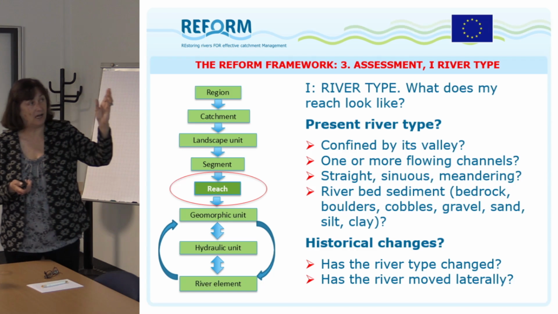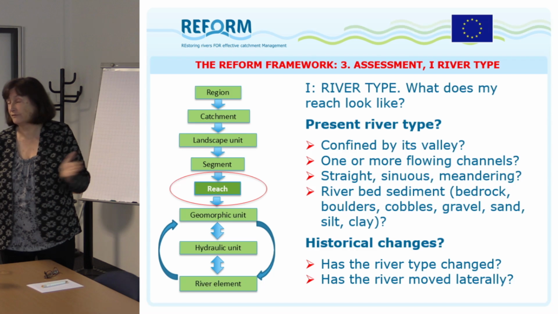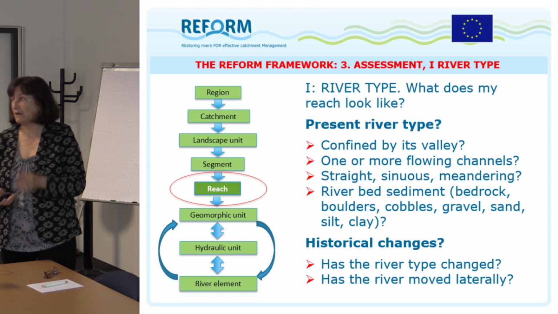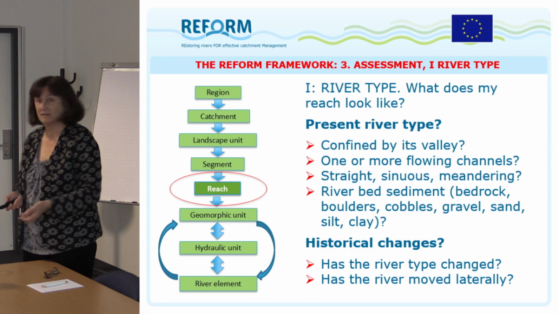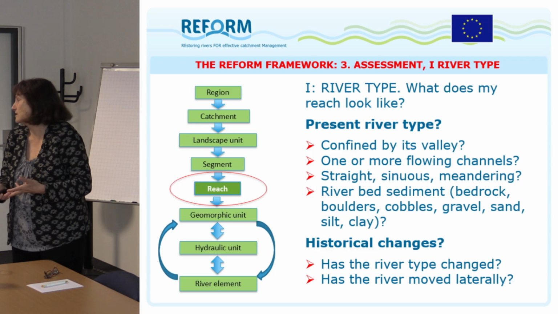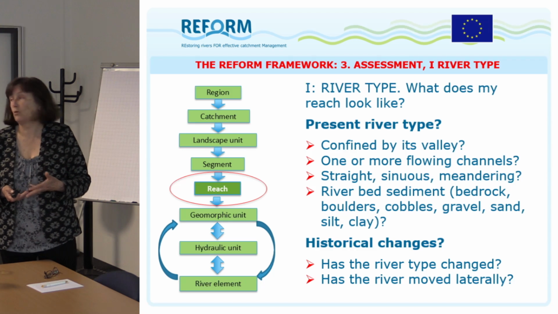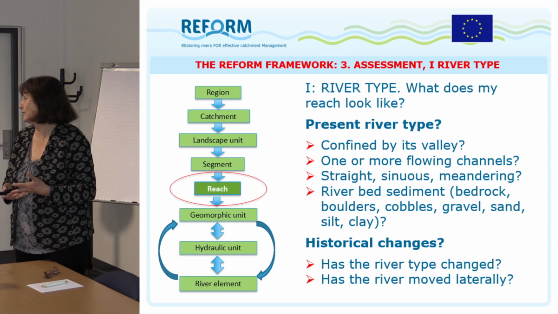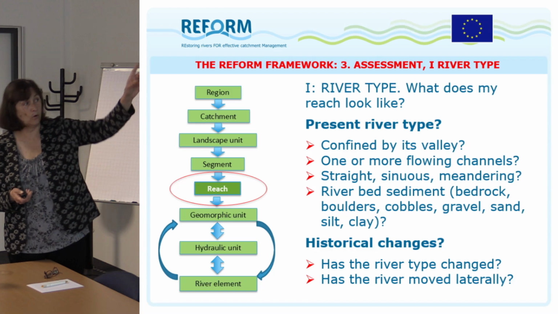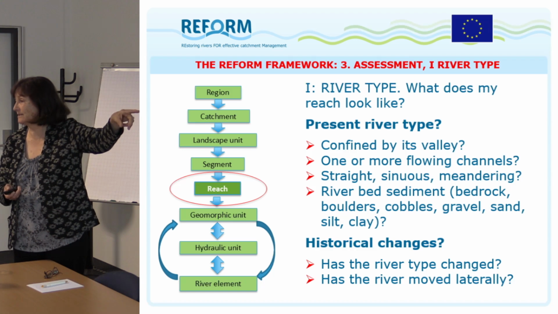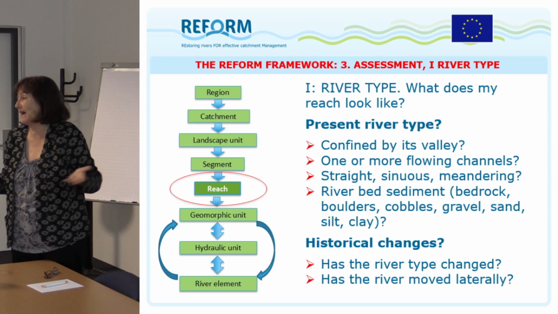So we look at our reach and we say, how confined is it by its valley? How many flowing channels has it got? What's their sinuosity? And what sort of bed sediment size have we got? All of those, apart from the bed sediment size, you can clearly extract from a map or an air photo.